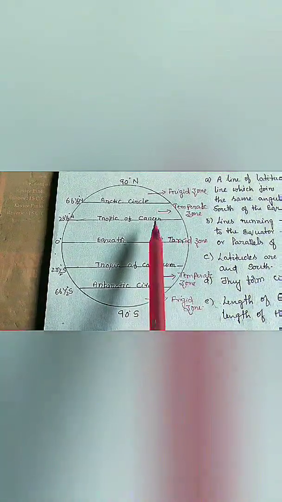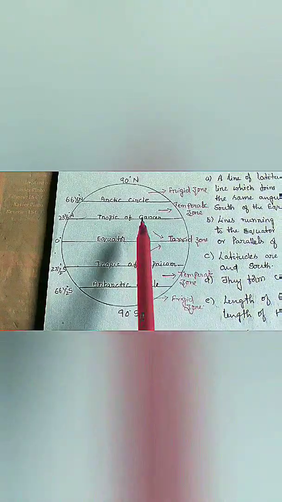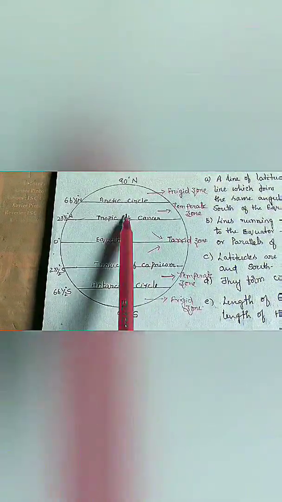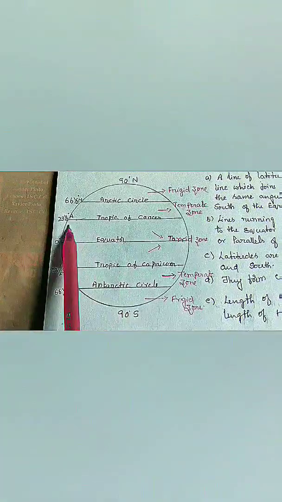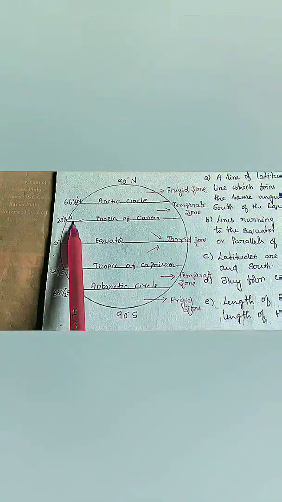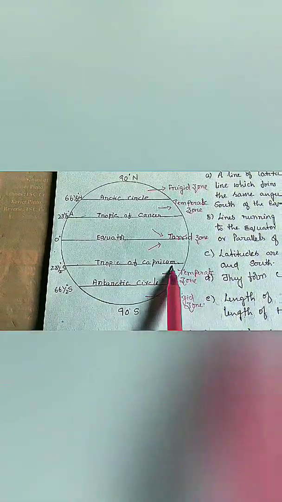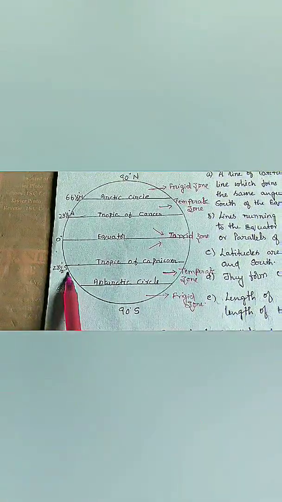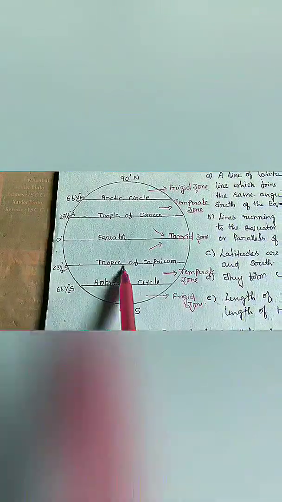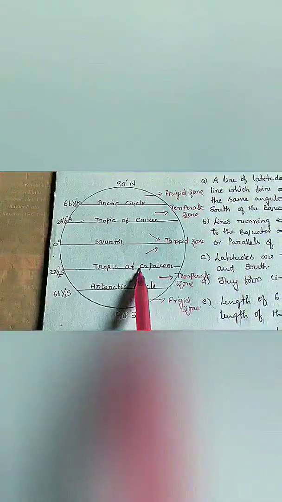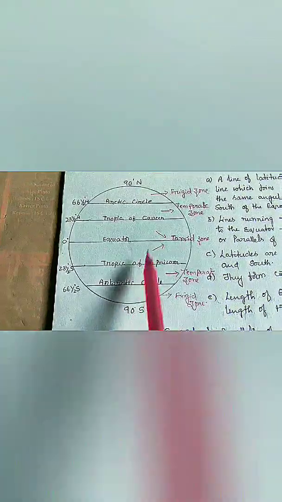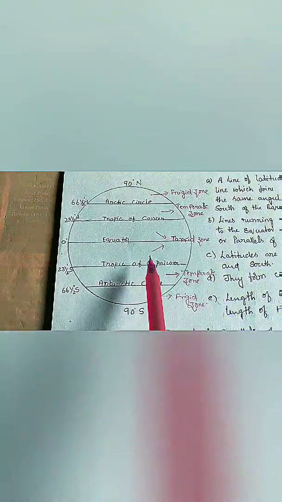First, let us know torrid zone. The area lying between the Tropic of Cancer 23.5 degrees north and Tropic of Capricorn 23.5 degrees south, these two mark the limits of the torrid zone.